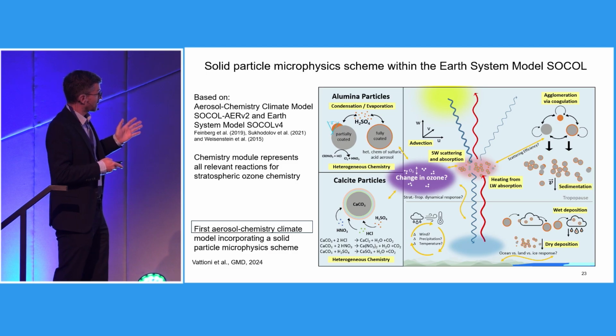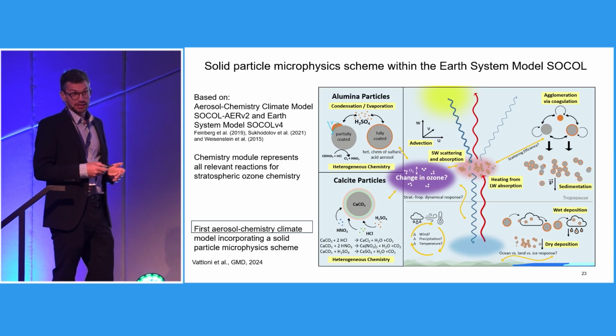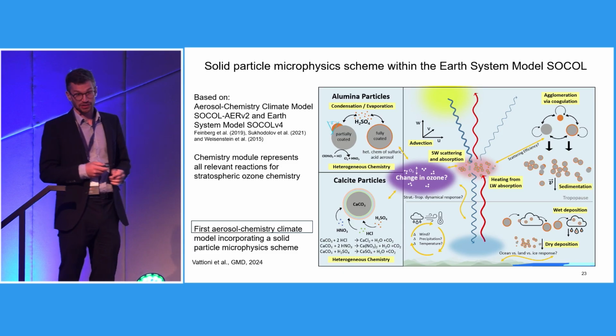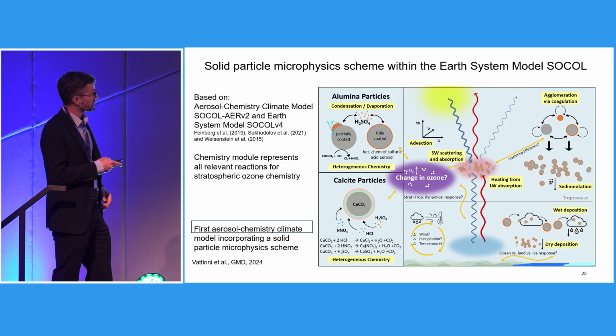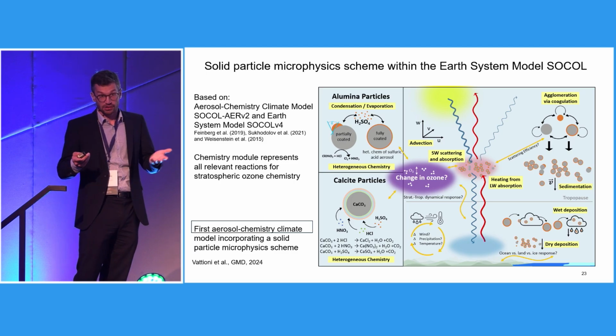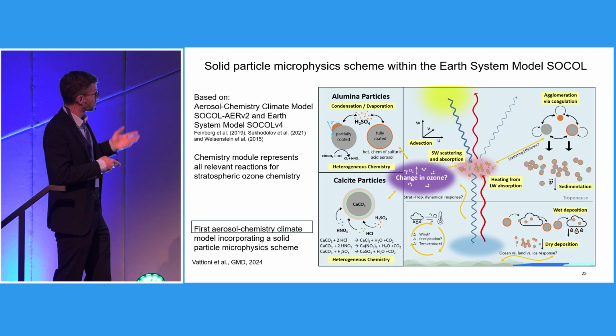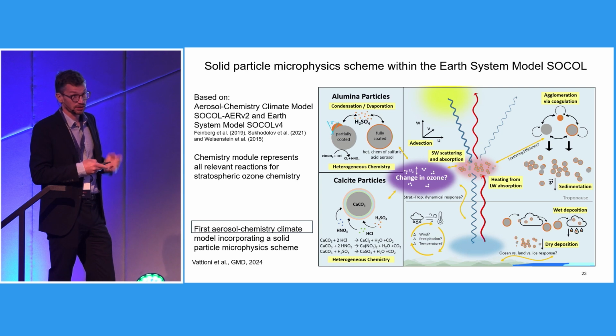So that's all very nice, but very little is known about these processes in the stratosphere, because solid particles do not occur in the stratosphere naturally, other than sulfuric acid aerosols. So we need to make a lot of assumptions to represent these processes in our model.